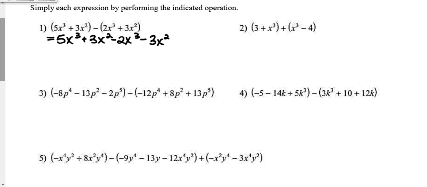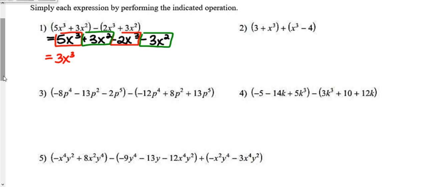So I always start with the biggest exponent. So the biggest exponent is the third power. And if I combine those, I get 3x to the third. And then we also have some x squared terms. So 3x squared minus 3x squared is actually just 0x squared, which means you don't have to write it at all. So your final answer is 3x squared.